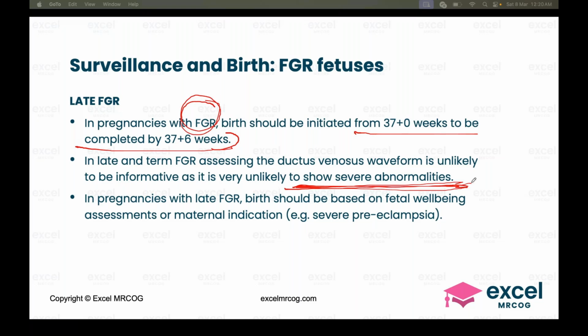In pregnancies with late FGR, birth should be based on fetal well-being assessments and maternal indications. That means if she has severe preeclampsia, you deliver. You don't wait. Okay? Like beyond 34 weeks, severe preeclampsia is preferably delivered. Okay? You do not really wait.